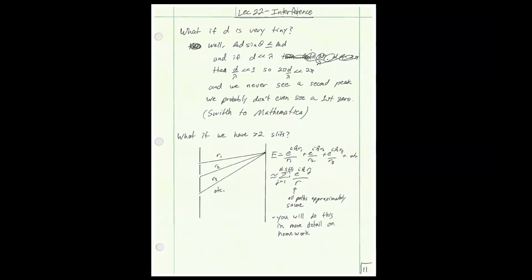Now I have to switch devices. So hang on. I'm going to switch to a tablet that I can write on. So I have to first go into Zoom and share my screen, and then switch to this. Do you see Mathematica, or do you see something where I'm scribbling? Which do you see?